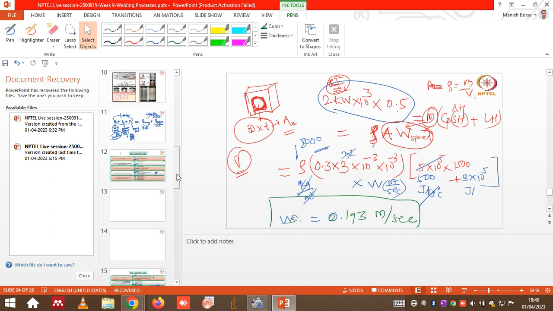So that equation we can't use on that particular occasion. They already gave the welding speed, so on that basis we can calculate: welding speed equals length of weld divided by time, right? In that way we calculated the time, because they gave the length of the weld bead. That's why I didn't use the VI by welding speed formula.